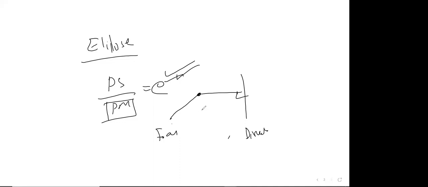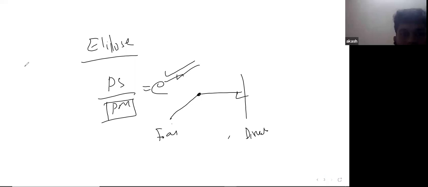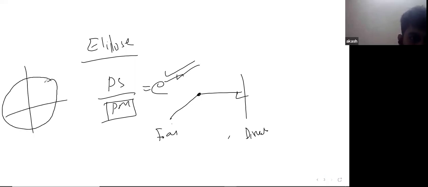Even the equations are found out like that only, so please write it down. The graph that we get is called an ellipse. This is the collection of all the points.